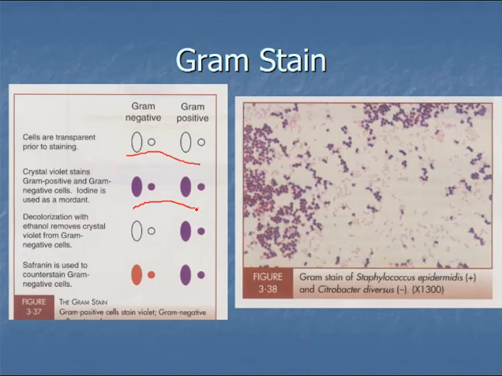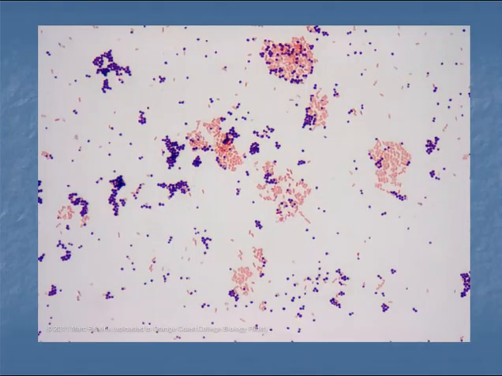And then it is coated with the iodine, the mordant, meaning that fixes that color in the gram-positive. And then it can be rinsed with the ethanol, with alcohol, and the gram-negative then become clear, but the gram-positive stay purple. Then when we add the safranin, that pink color is not going to change the color of the purple, as it is already stained, but it will change the color of the colorless ones, the gram-negative, and make them pink.